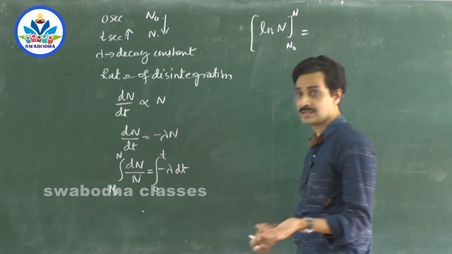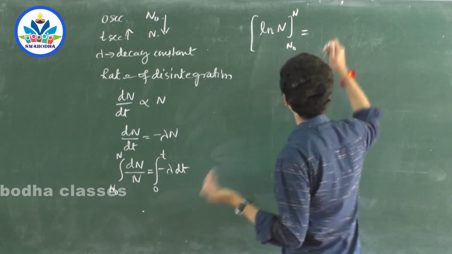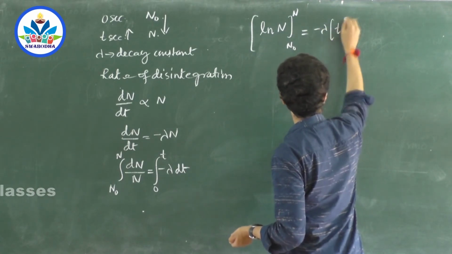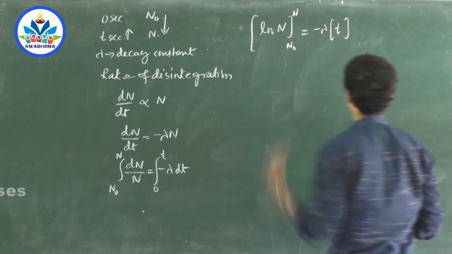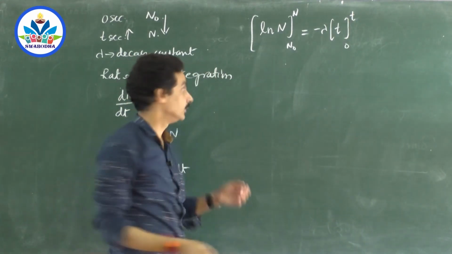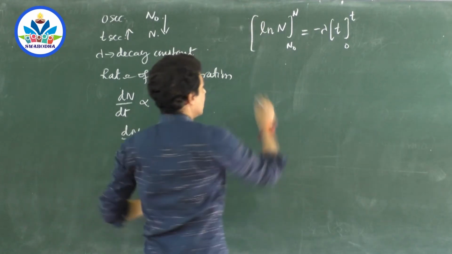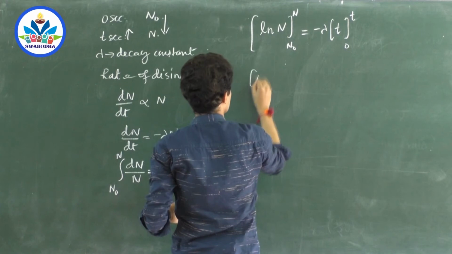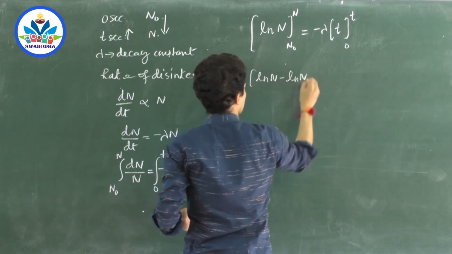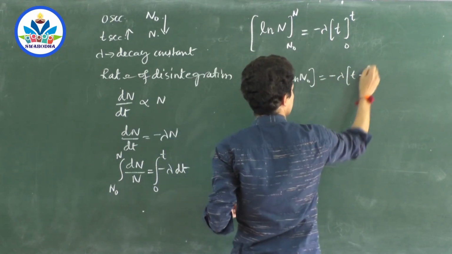So minus lambda is a constant, and integration of 1 with dt is t, from 0 to t. Put the limits and write the value. Now the answer is ln N, upper limit minus lower limit, is equal to minus lambda t minus 0.